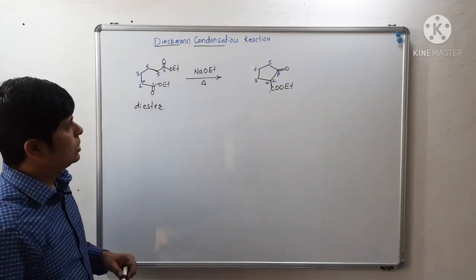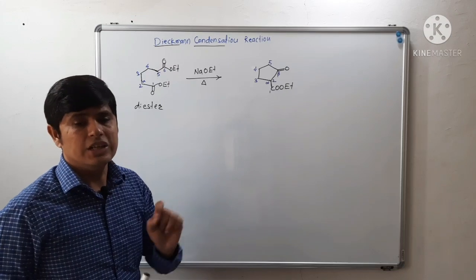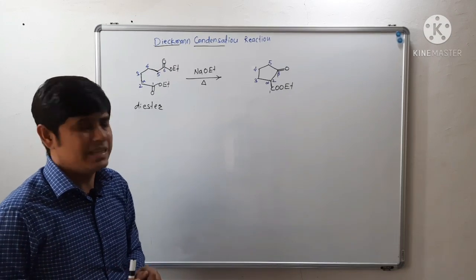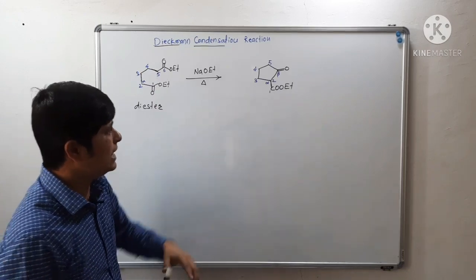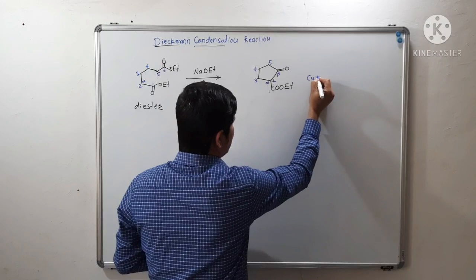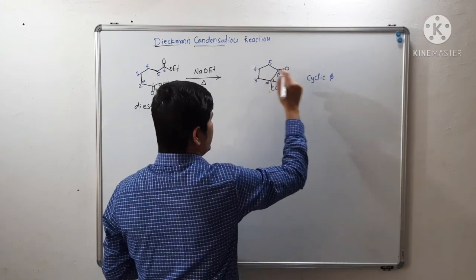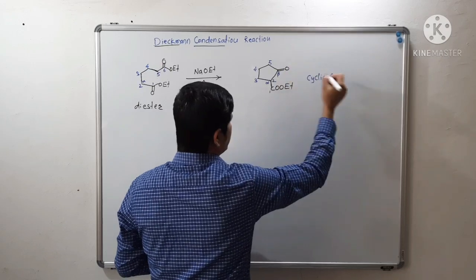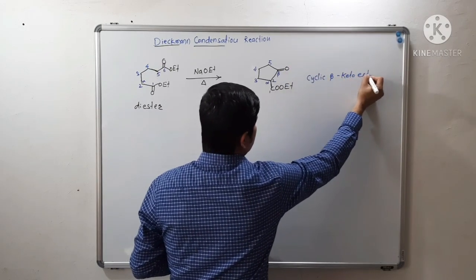So an intramolecular Claisen condensation reaction takes place here to get a cyclic beta keto ester, with a keto group at the beta position.